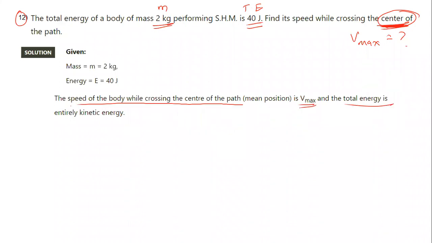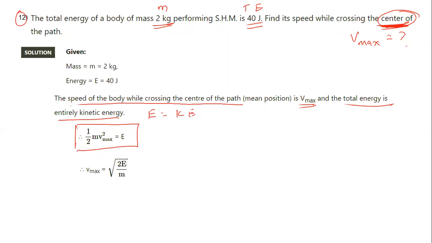Total energy E is equal to kinetic energy, and kinetic energy is given by the formula 1 by 2 m v max square. Now here the maximum velocity we have to find out. Everything is given. So v max is equal to under root 2E by m.